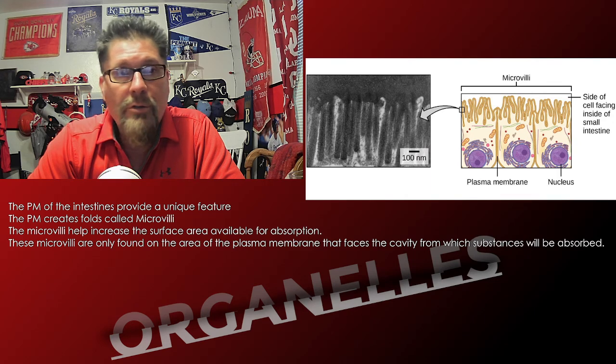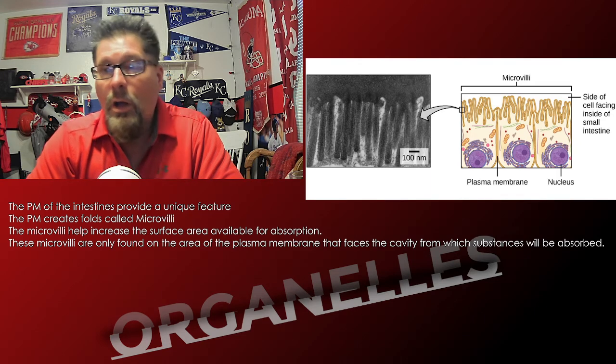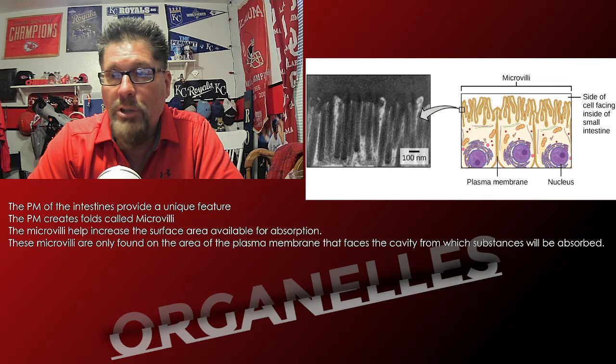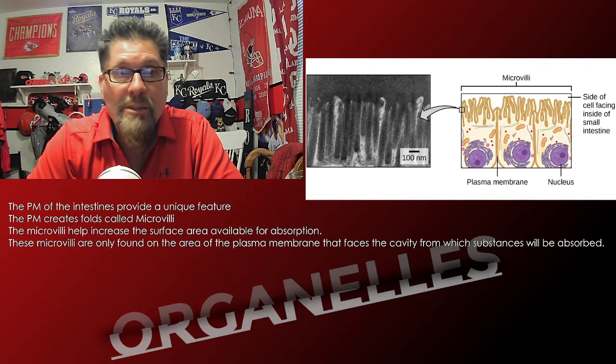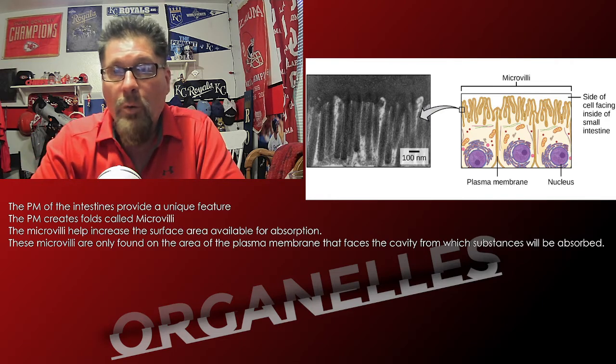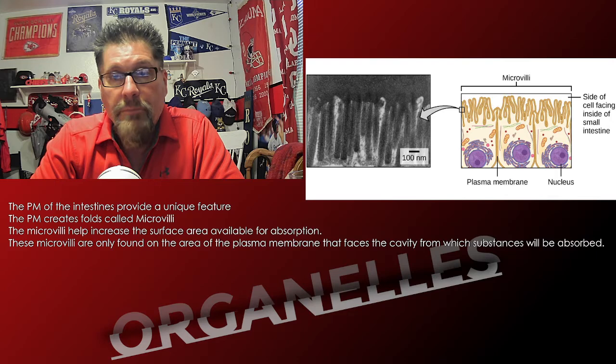Food is passing through. We want to absorb those nutrients. The plasma membrane can kind of roll up, as you can see, those little finger-like extensions. That's simply the plasma membrane in an up and down, folded accordion style. And when it does that, it creates lots of surface area.